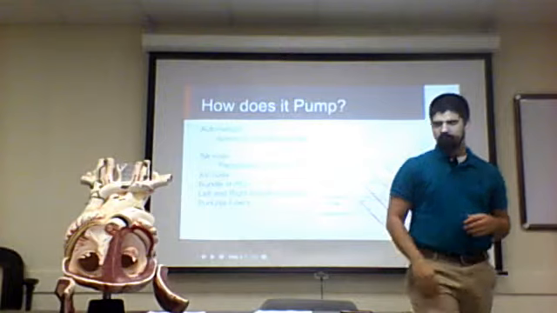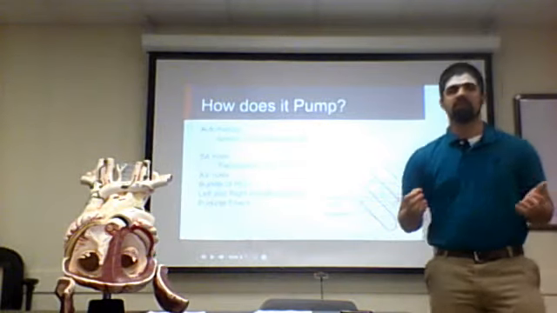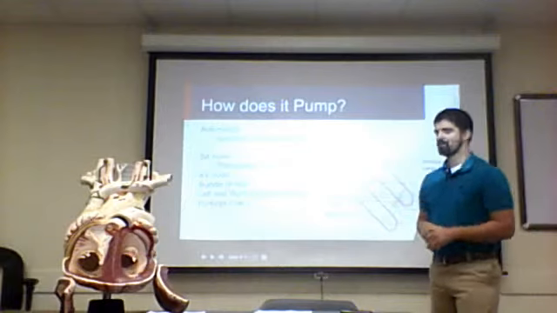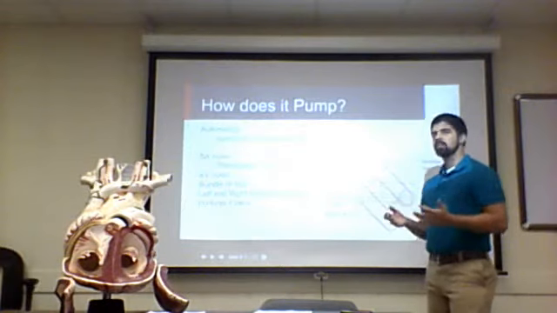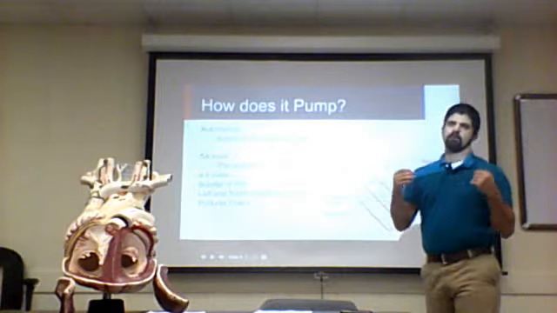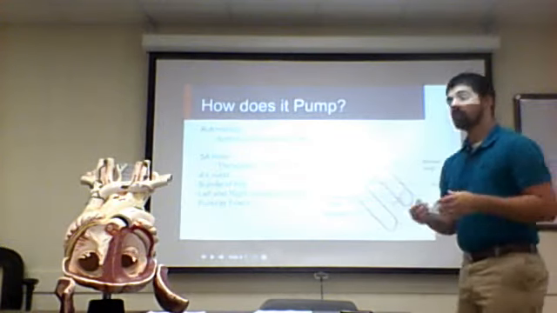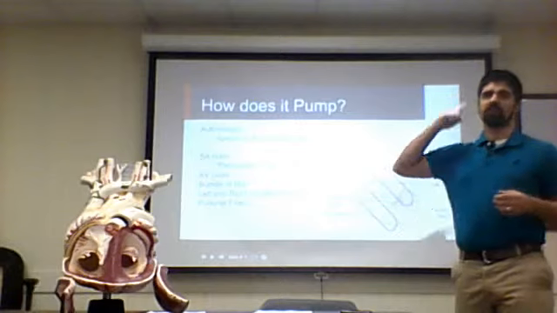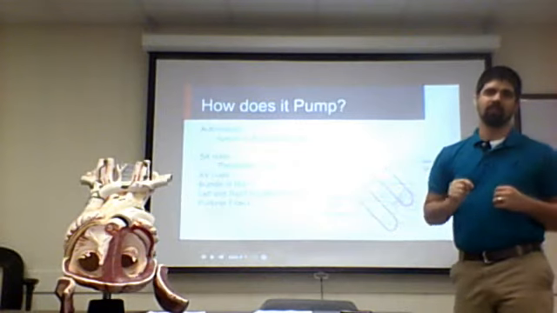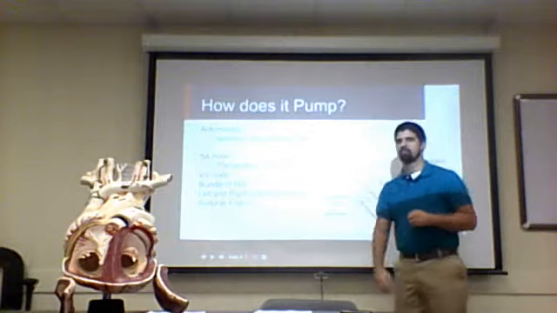These cells have a special characteristic called automaticity, which gives them the special ability to create electrical impulses. So they don't have to wait for a signal from the brain to tell the heart, hey, you need to beat right now. These cardiac cells have that special ability.